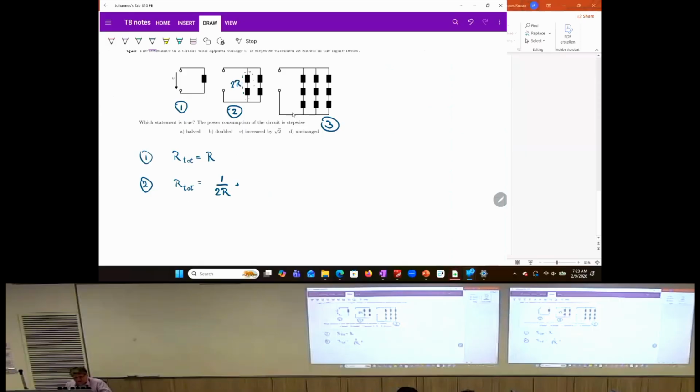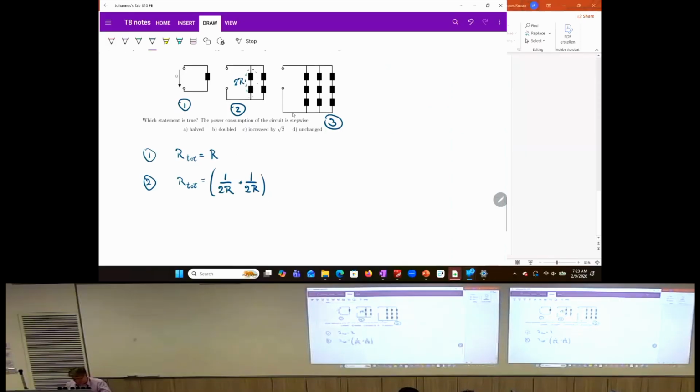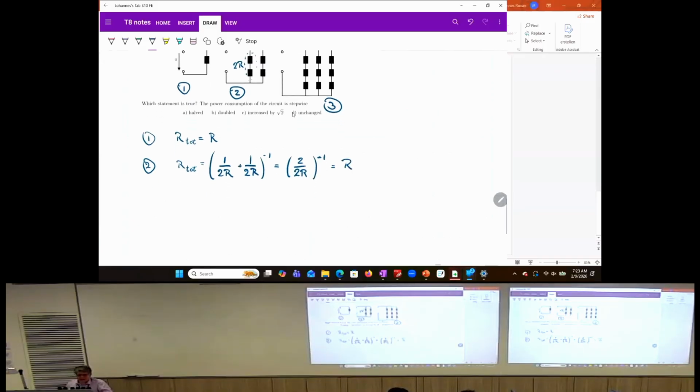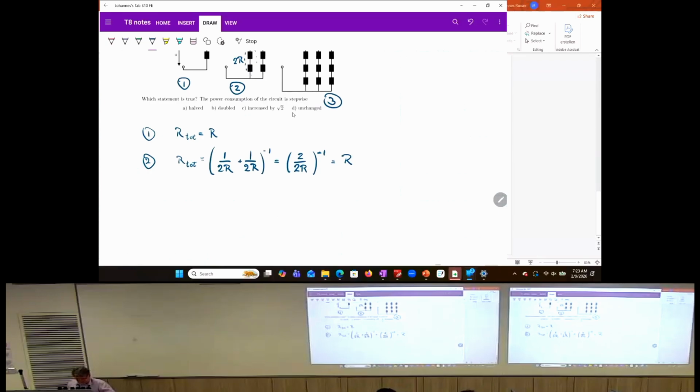But now you put them also in parallel. So you have to add up: one over the total resistance is one over the individual ones. So you see that this gives you 2 over 2R, and taking the inverse, that is just again the same resistance value.